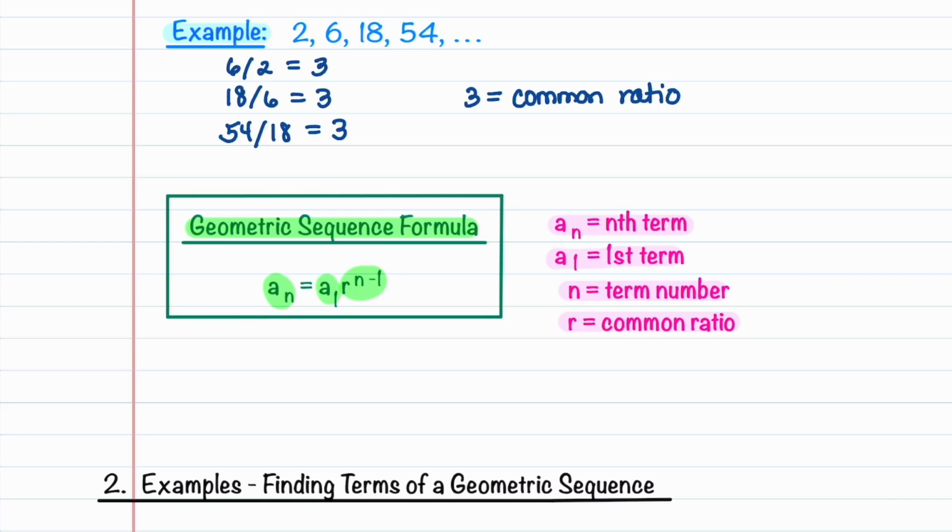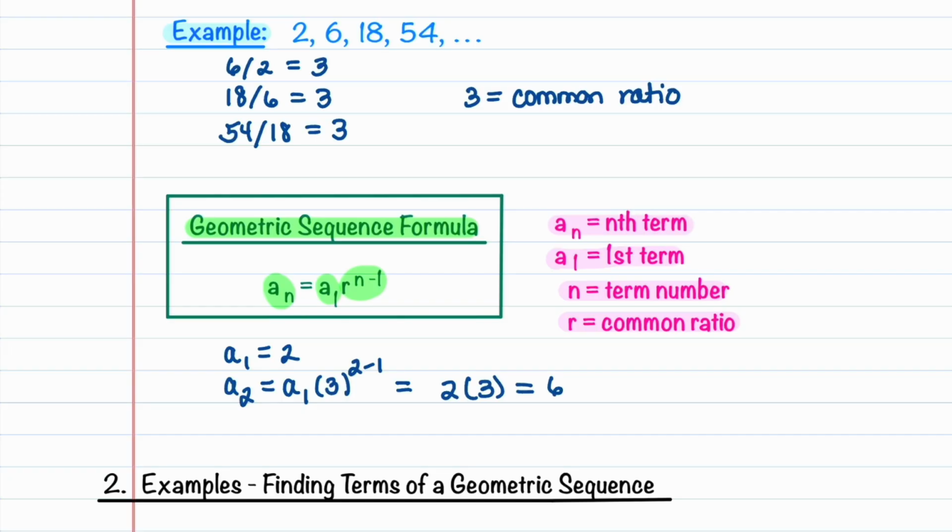Let's use the example that we just looked at to make sure that we understand this formula. The formula tells us what every term in the sequence is going to be equal to. Our first term is 2, and then our second term, a2, if we use the formula, is going to be a1 times r, which we found to be 3, to the n minus 1. So n is 2, so we have 2 minus 1. a1 is 2, so this is just 2 times 3, which is 6.